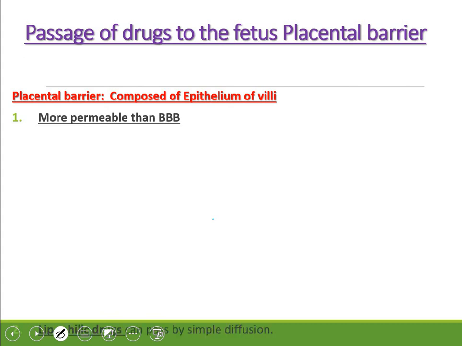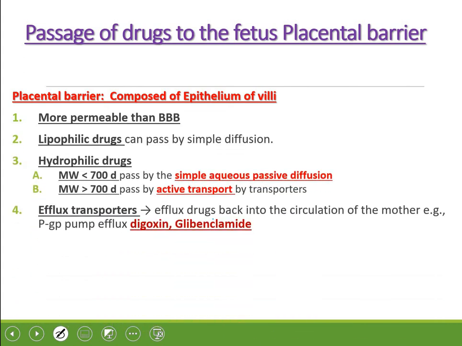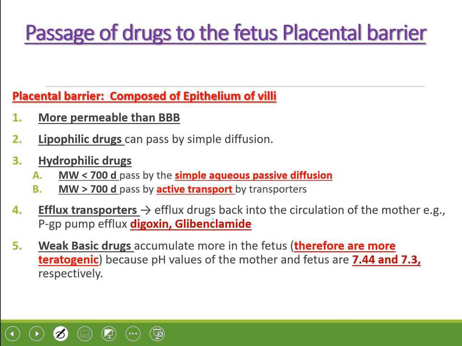So the passage of drugs across the fetal placental barrier is also a technical point. Remember, placental barriers are there, but they are more permeable as compared to the blood-brain barrier, and lipophilic drugs can easily pass. And remember, we have talked about drugs in pregnancy and lactation, and the milk plasma ratio, and the lipophilicity of the drug molecule is going to affect it, besides the molecular weight.